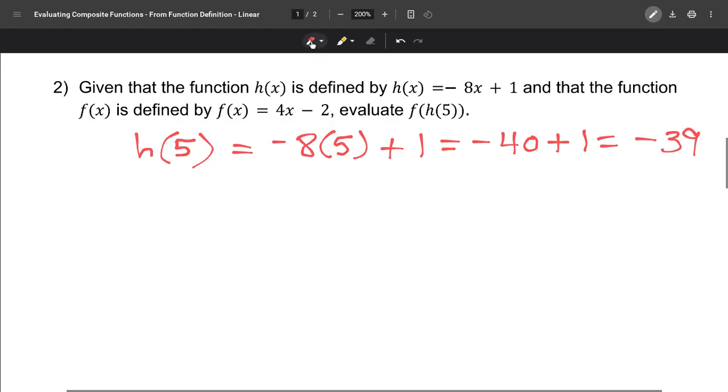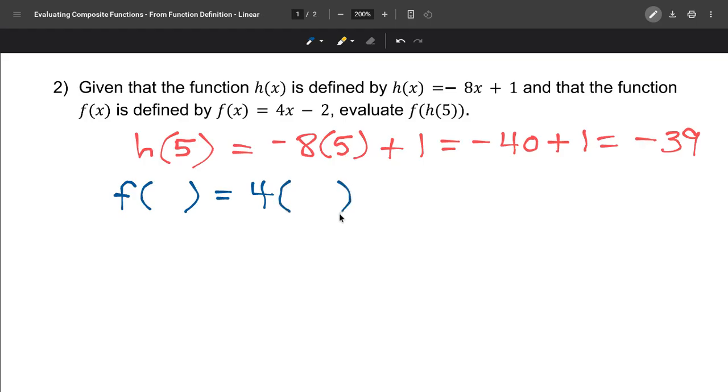All right, so now we want to find f of negative 39. So we're going to just put in that h of 5 value, which is negative 39. It's going to be 4 times negative 39 minus 2.